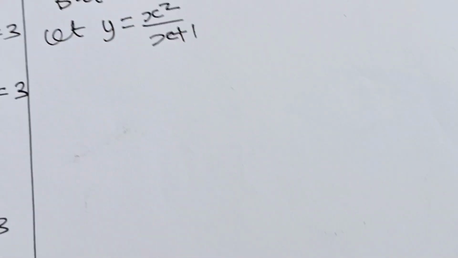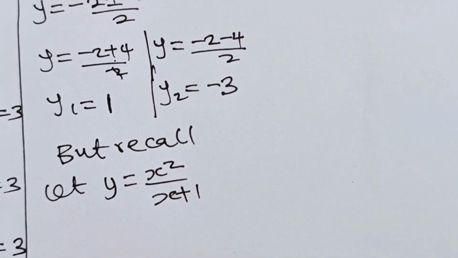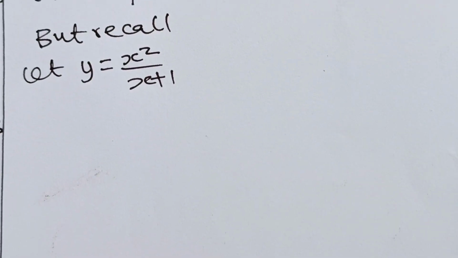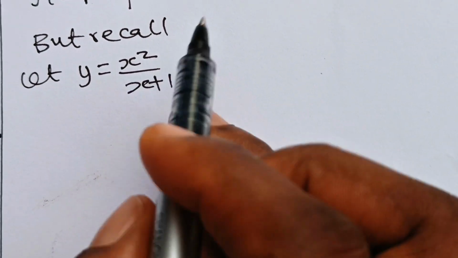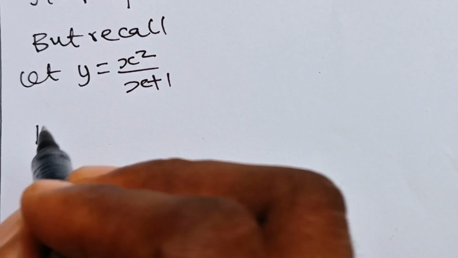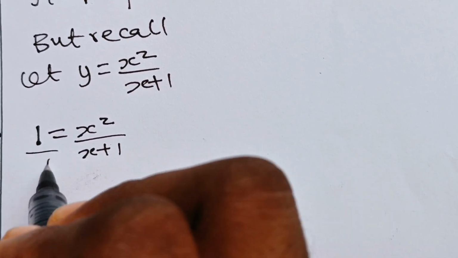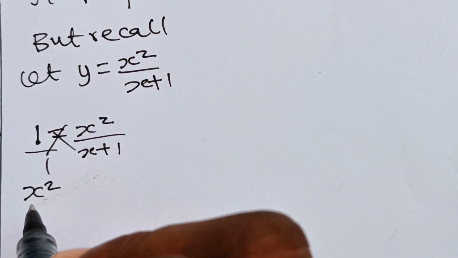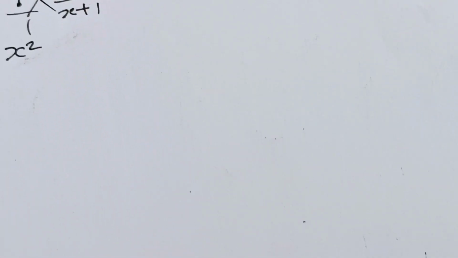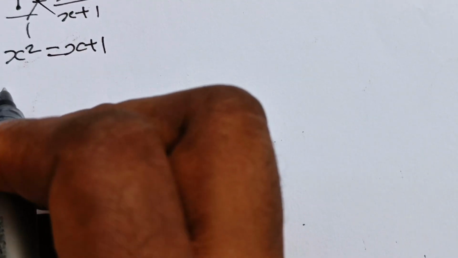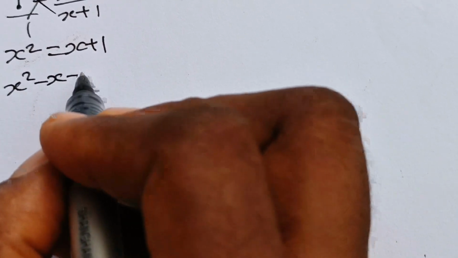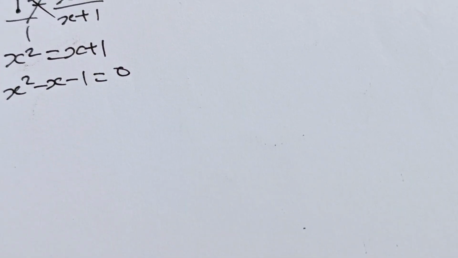All right, so now we let y equal x squared divided by x plus 1. Now the first value of y is 1, right? So we have 1 is equal to x squared divided by x plus 1. We cross multiply. We have x squared is equal to x plus 1. So we have x squared minus x minus 1 is equal to 0.